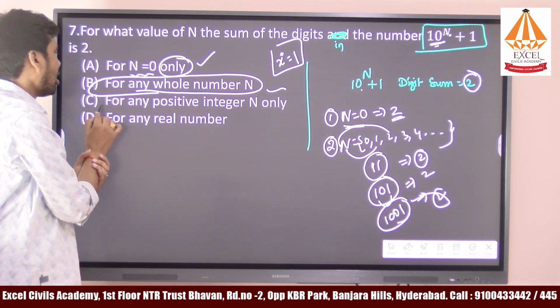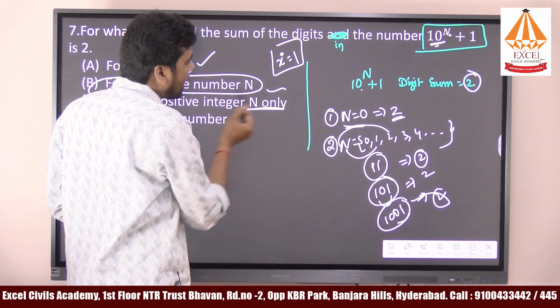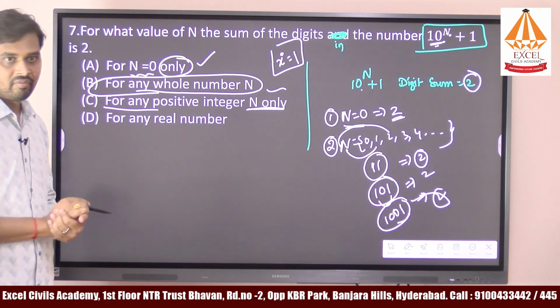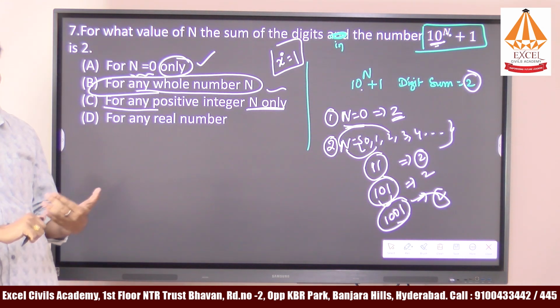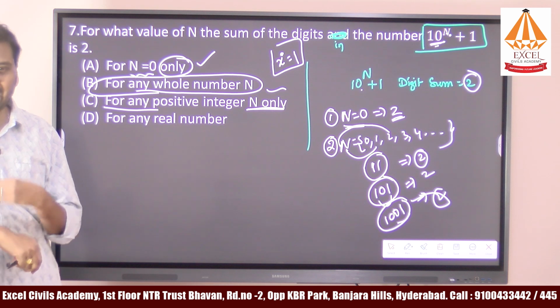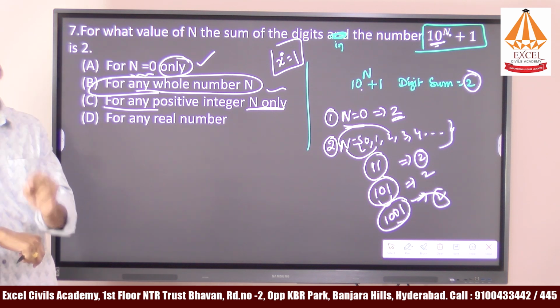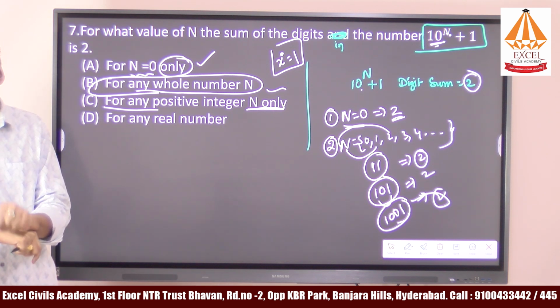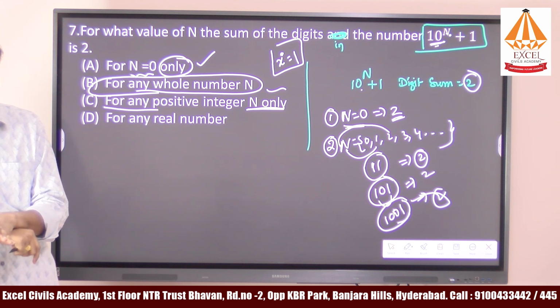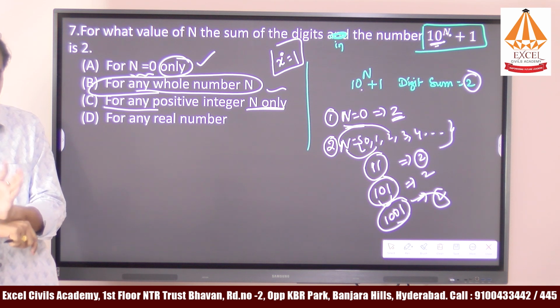Even in option C, for any positive value n only, the word 'only' is given. Not just for this problem, please remember, for any problem, if the 'only' condition is given, please look at it one more time. Because when 'only' is given, it is restricted or confined to only that option or that number.